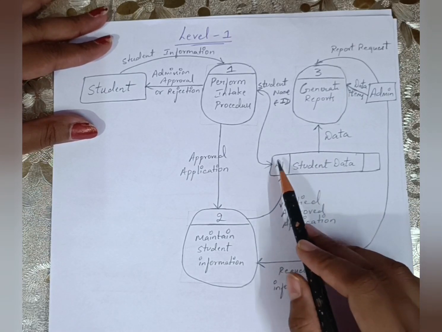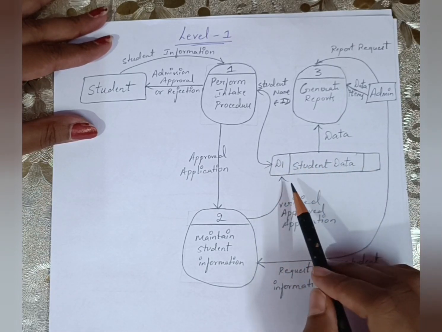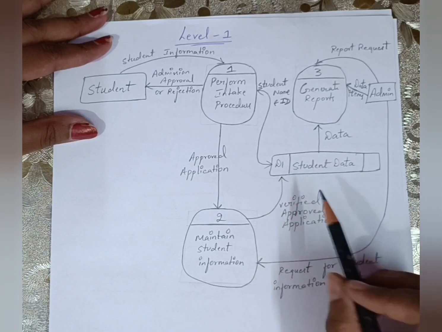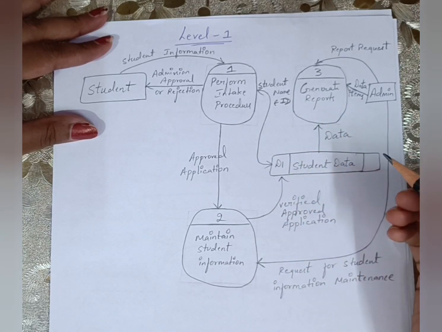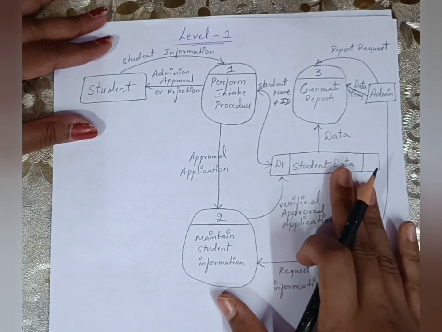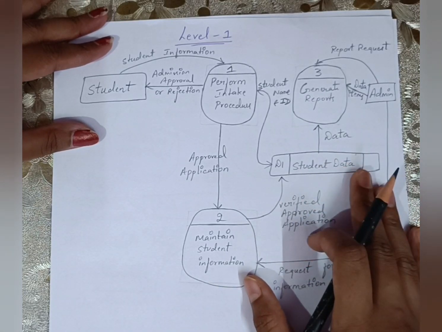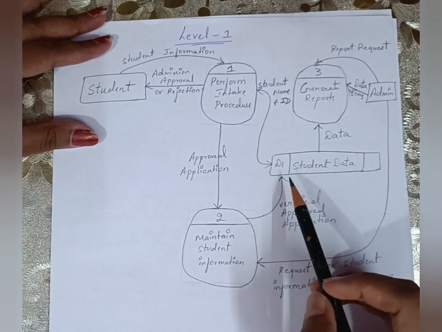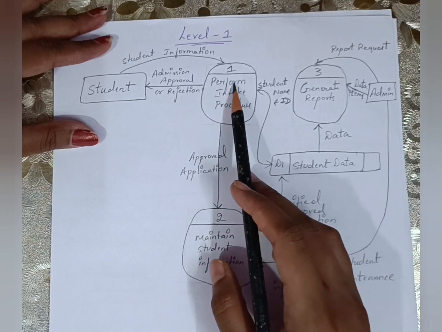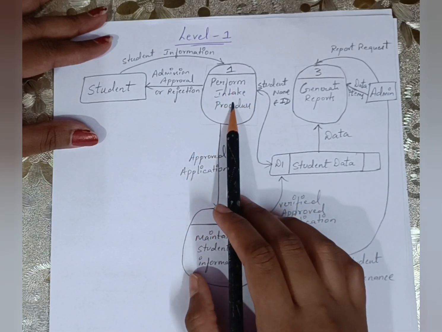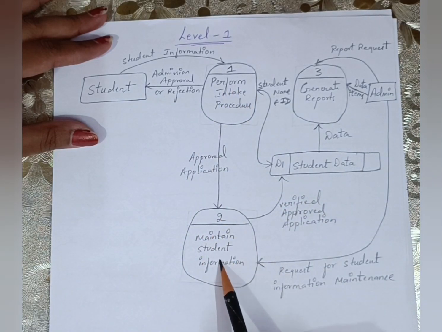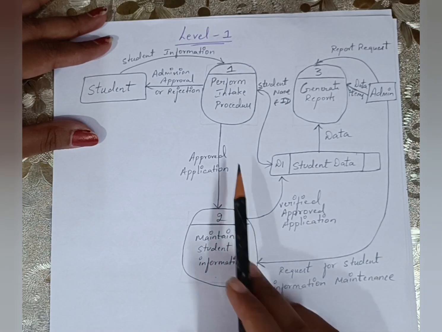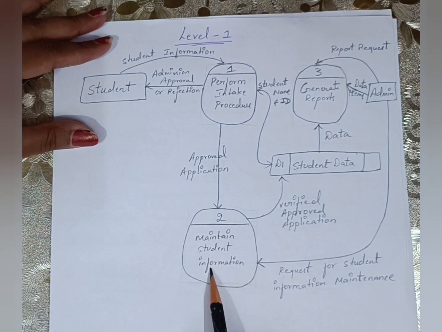This might be the symbol, and sometimes you might also see other symbols, but here you can write this, or whichever you are comfortable with. Once these procedures have been done, we go to maintaining student information. The information related to the student will be maintained.